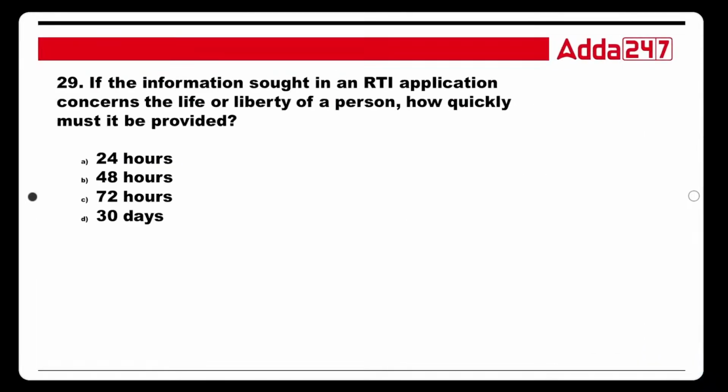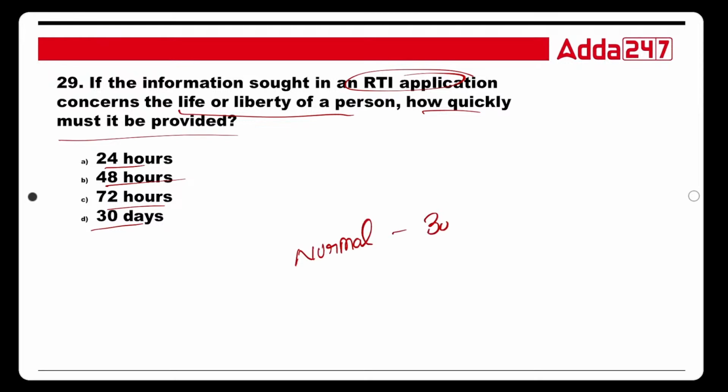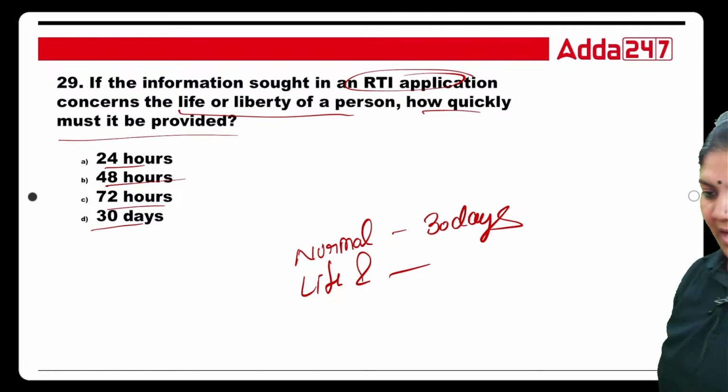Next. If information under RTI concerns life and liberty, how quickly is it provided? Within 24 hours, 48 hours, 72 hours, or 30 days? What is the right answer? Normally, if we ask any question, information should be given within 30 days. And if we talk about life and liberty, within how many?